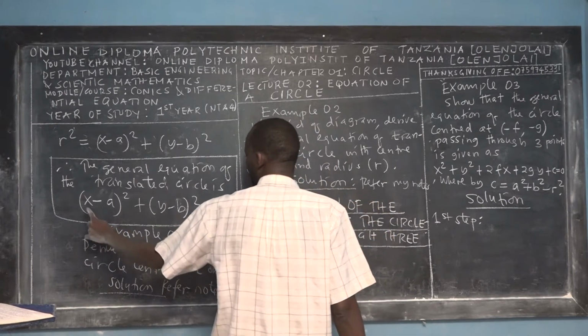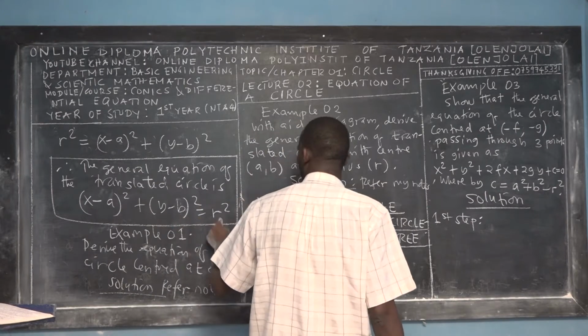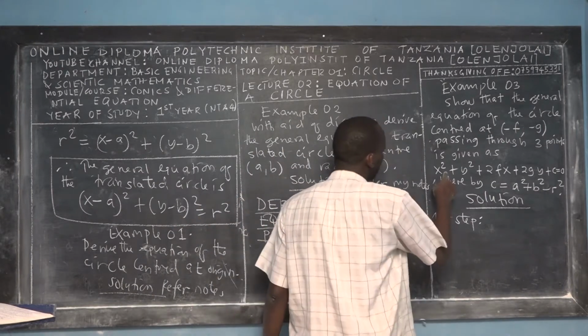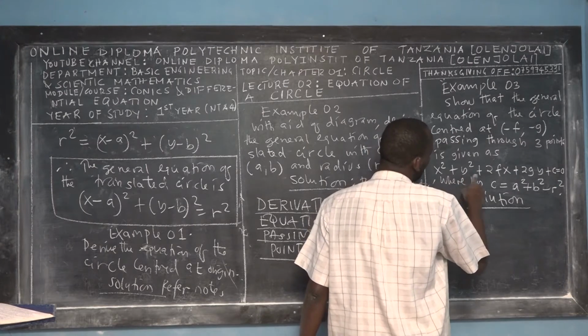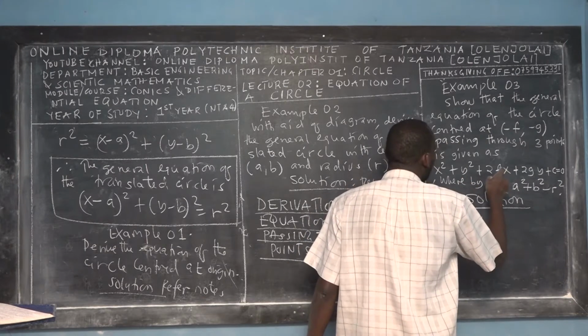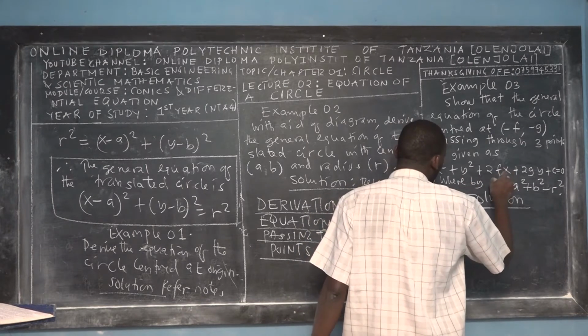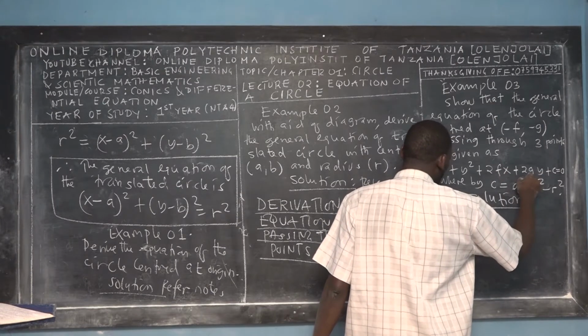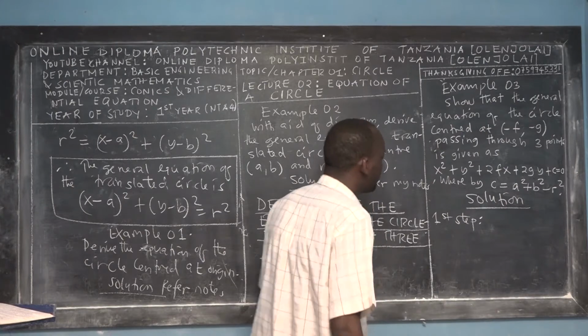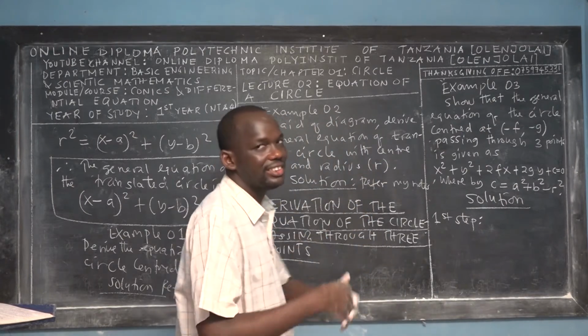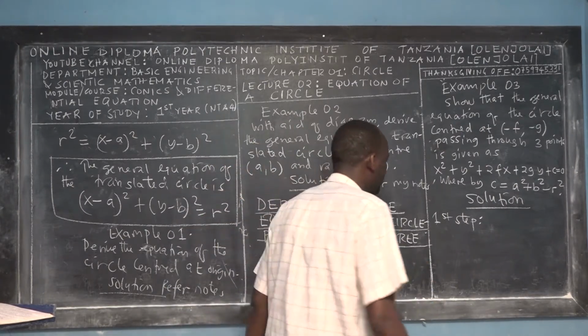So how many letters do you have? 1, 2, 3, 4, 5. So in this equation that we have to show, f is a new term, a new vocabulary for us, g is a new terminology, and c is a new terminology, which has not been defined. But let us open example 3.